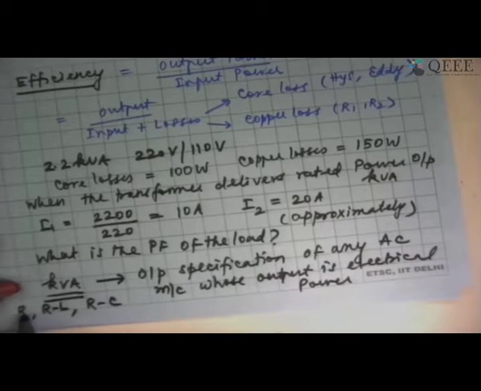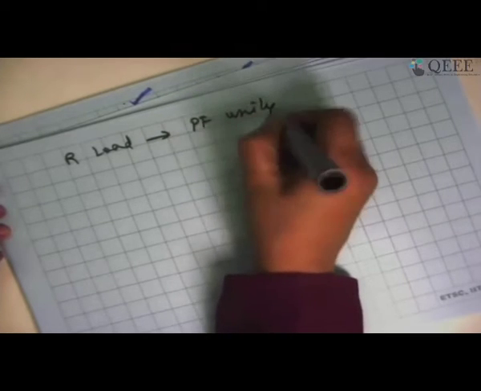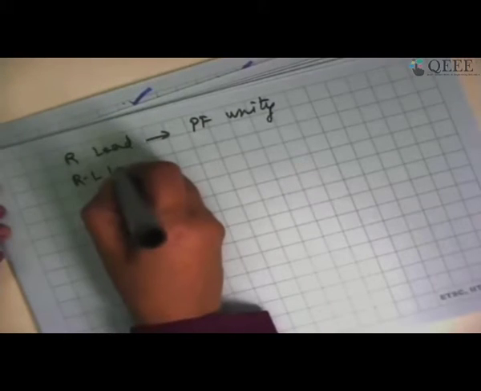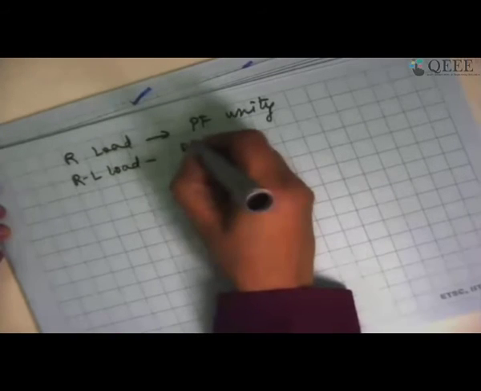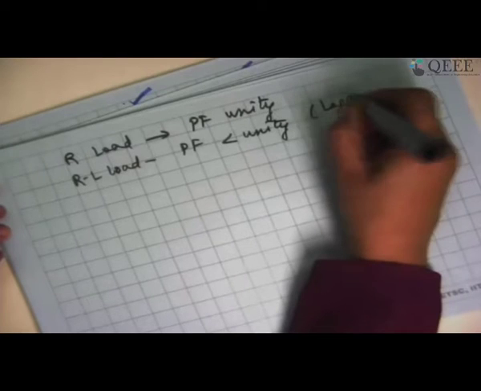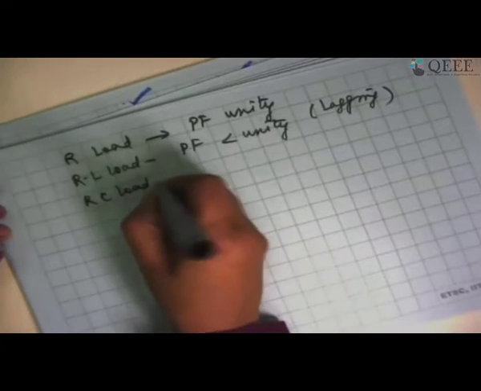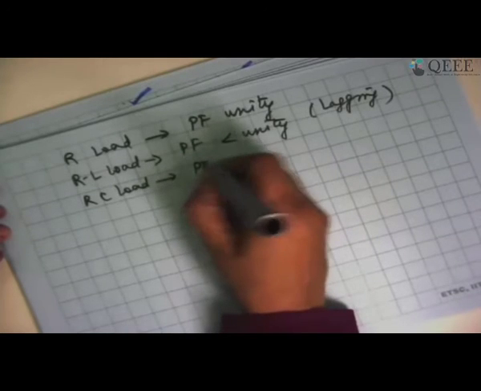If it is R load, the power factor will be unity. For RL load, the power factor is going to be less than unity, but it will be lagging. And for RC load, again the power factor is less than unity, but it is going to be leading.